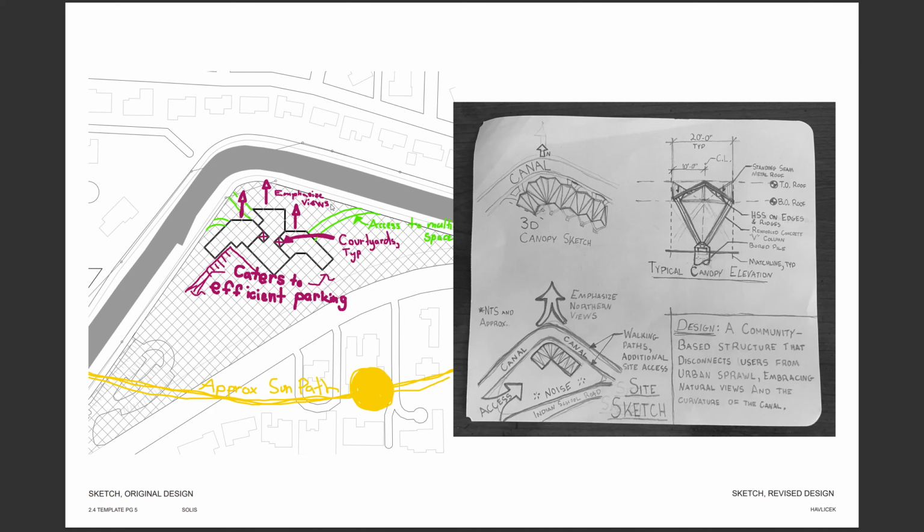This was the programs divided in 3D over my original footprint. I kept the spacing and the general ideology of how these spaces should be divided the same, but the footprint of the canopy changed significantly.